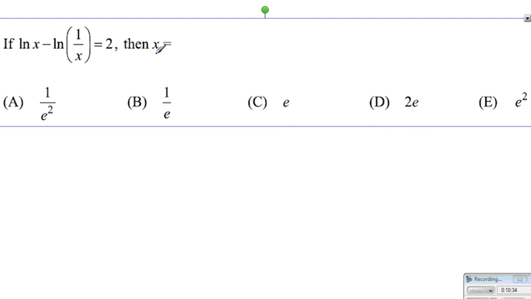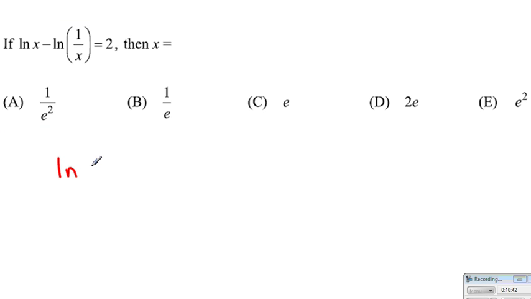Here, what are we going to get? In fact, the negation of the logarithm can be expressed as ln of x minus ln of x to the negative 1. In fact, 1 over x is x to the negative 1, in exponential format, is equal to 2.